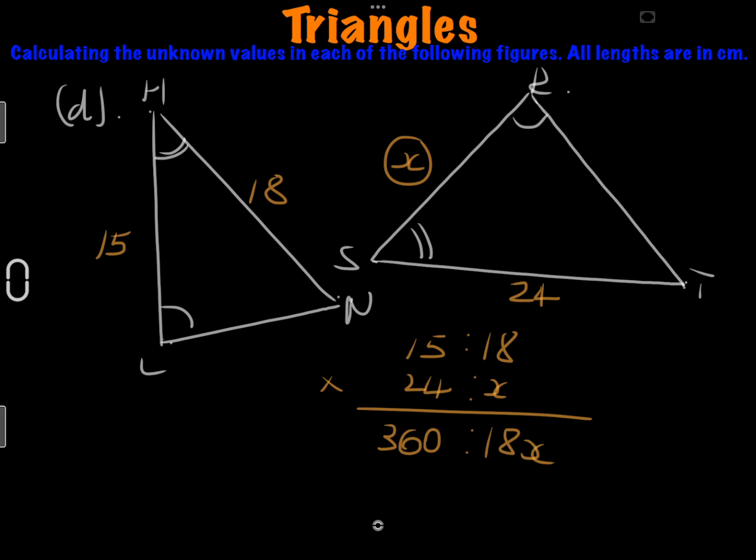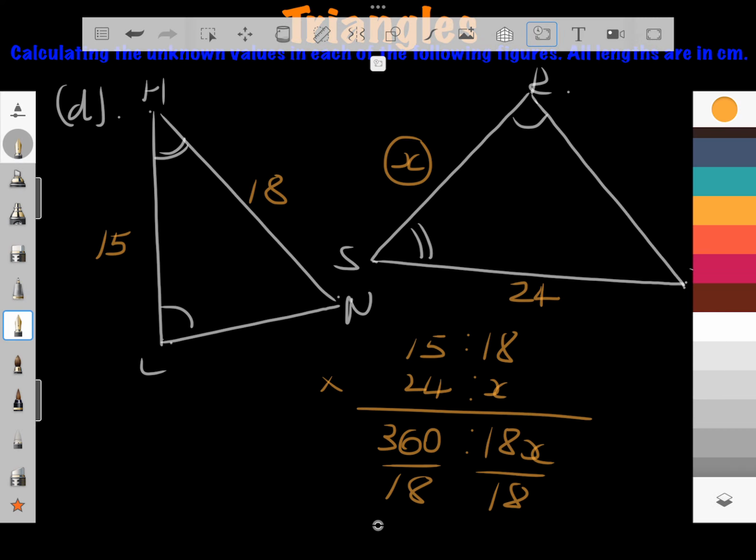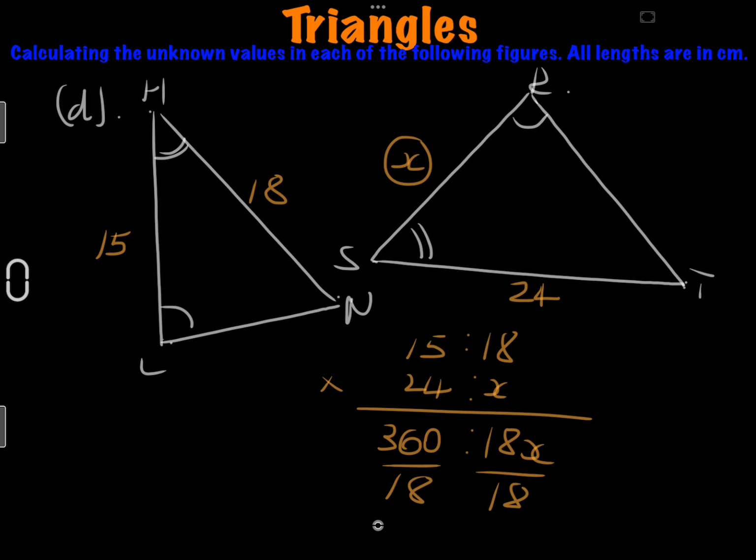Essentially, we can now divide by 18 on both sides. Notice our 18 cancels out. So 18 into 360 goes 20 times, which means x is equal to 20 centimeters. So we found our x.